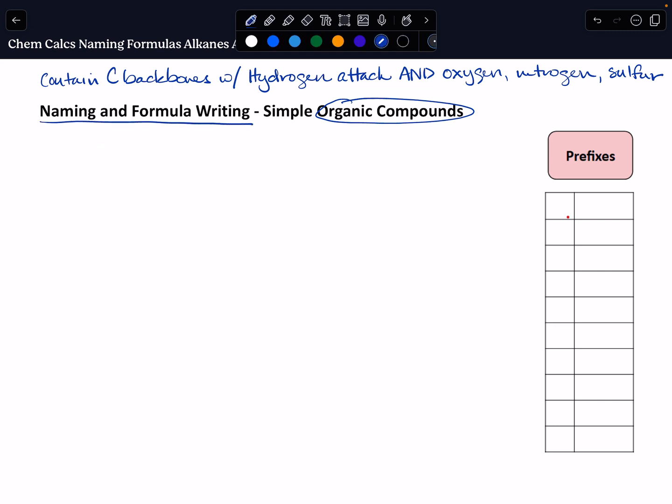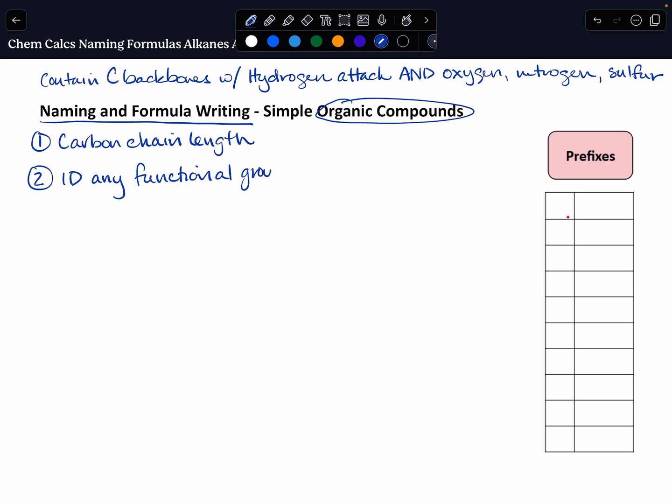All right. You need to know a couple pieces of information. You need to know the carbon chain length. All right. And for our purposes, you need to ID any functional groups.